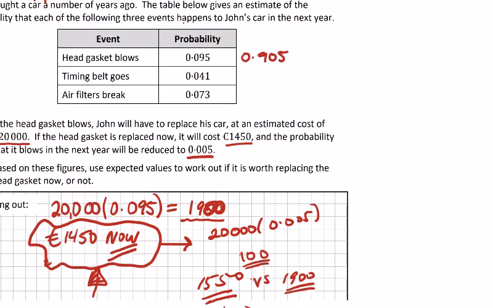0.905 multiplied by 1 minus this guy. If it not happening, it will be 0.959. 0.959 by the probability of 1 minus this, 0.927. On a calculator, this is going to give 0.8045.